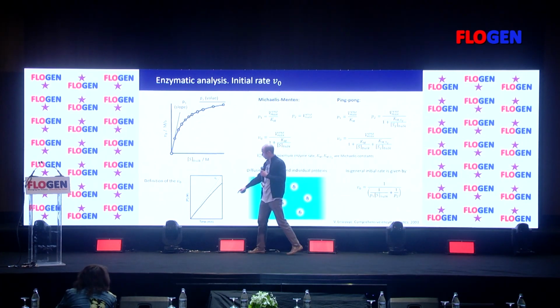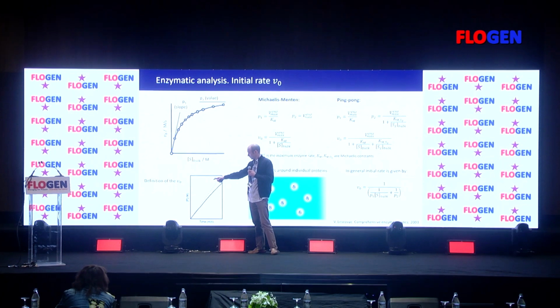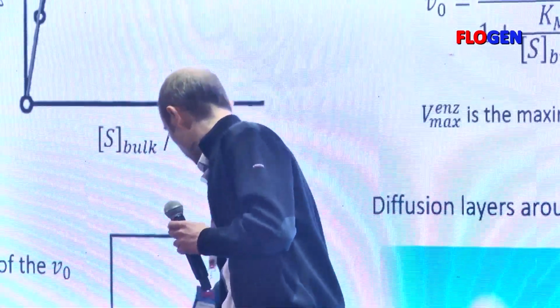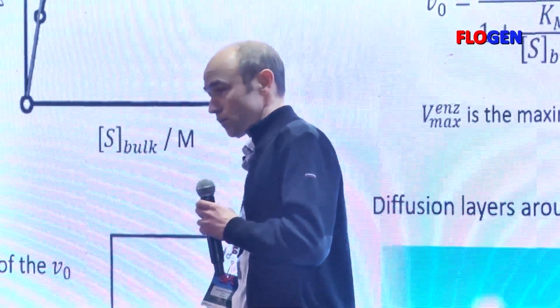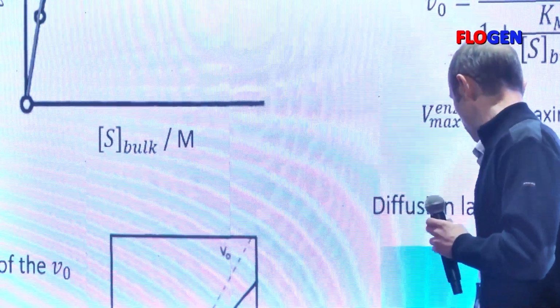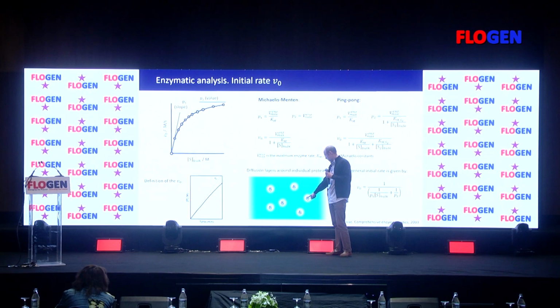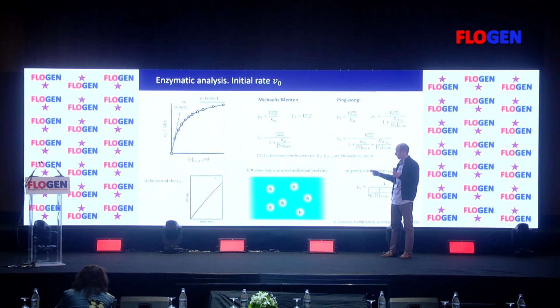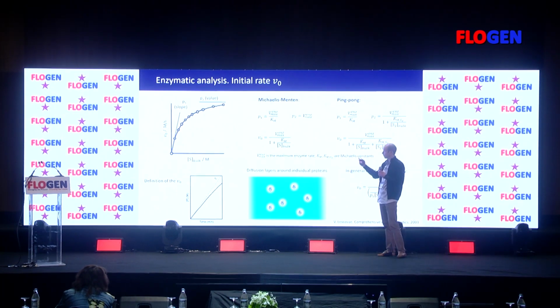So this is the variation of the product, or equally the substrate concentration, with time, and what they take is only the initial rate of the reaction at the very, very small times. This is done to ensure that the individual diffusion layers around each protein are very small, so they are not overlapping. And in this case, it's ensured that the reaction is controlled by the bulk concentration. That's why all the parameters which we have here depend on the bulk concentration of the substrate.